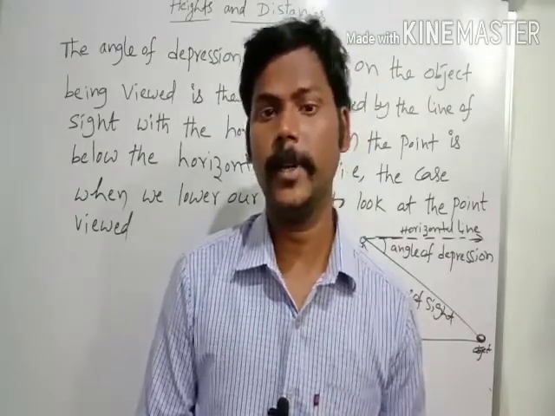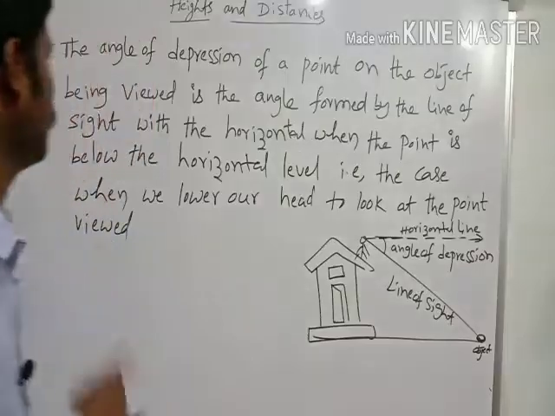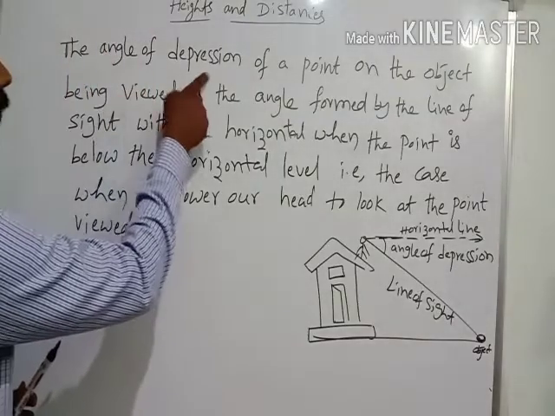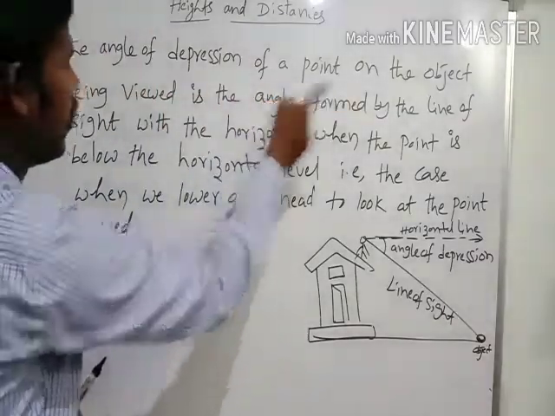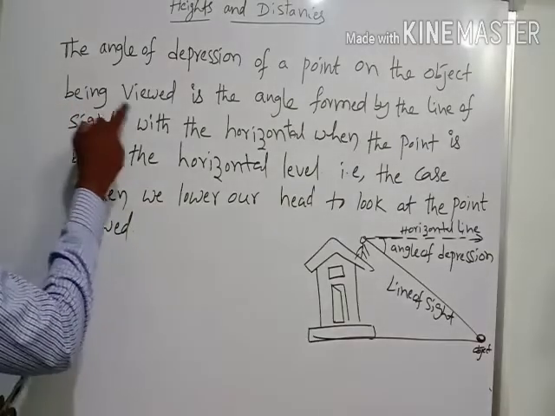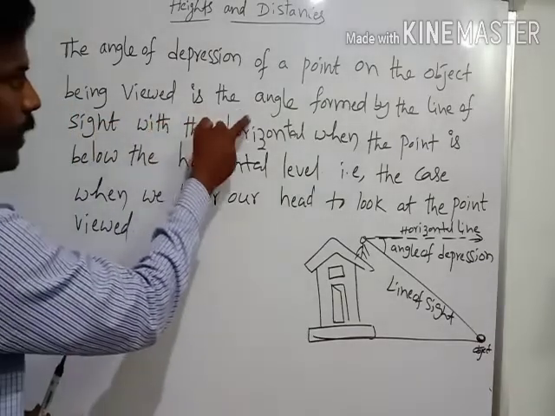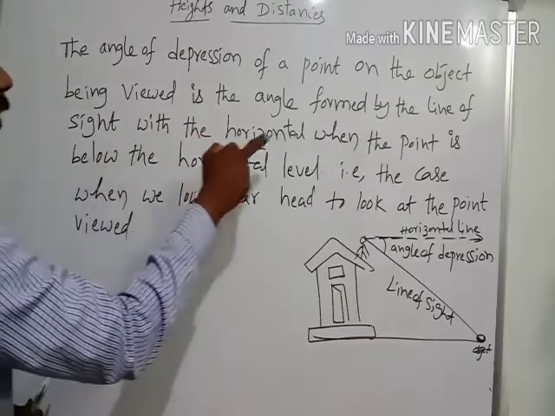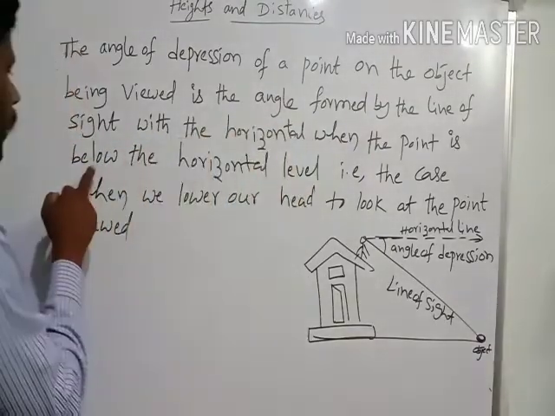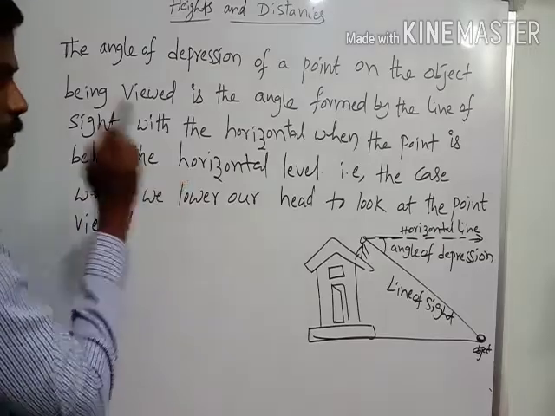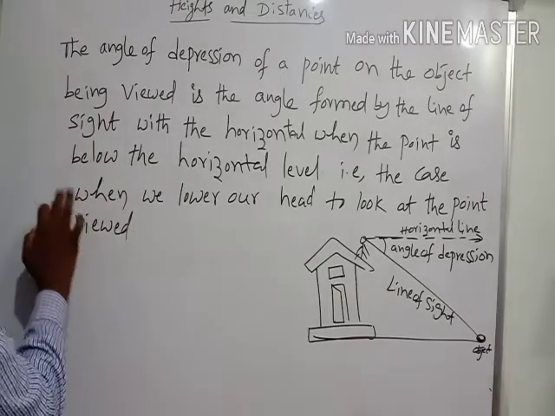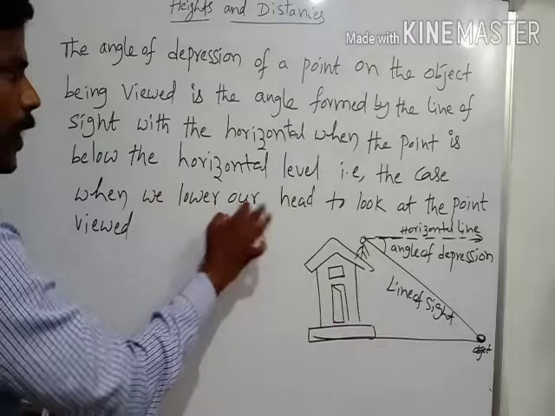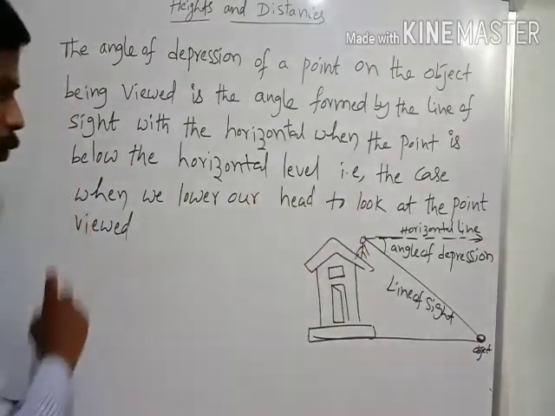What is the angle of depression? Look at the board here. The angle of depression of a point on the object being viewed is the angle formed by the line of sight with the horizontal when the point is below the horizontal level. That is the case when we lower our head to look at the point viewed.